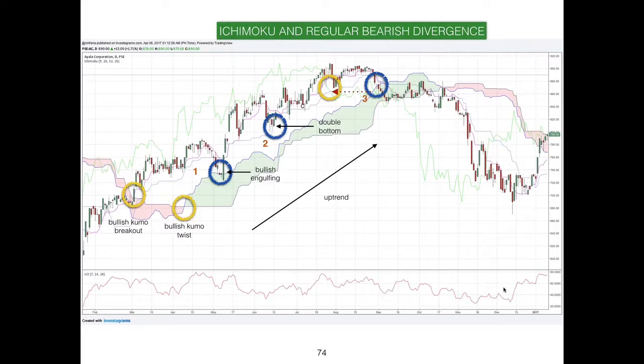Now, what would increase the probability that this would break down? Aside from the Chikou span and all the elements, another probability booster would be your bearish divergence. If there's a strong case for bearishness, then we need to sell our position.